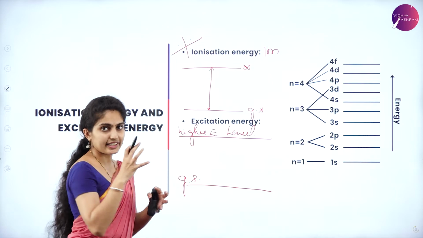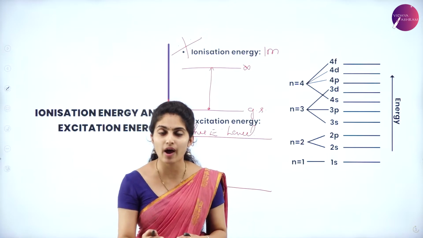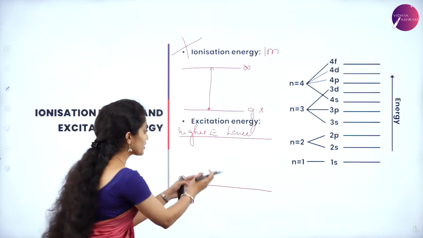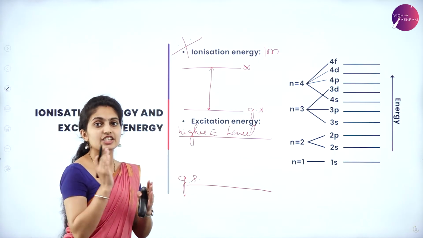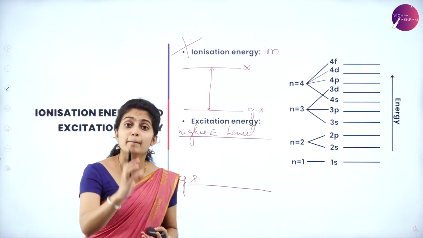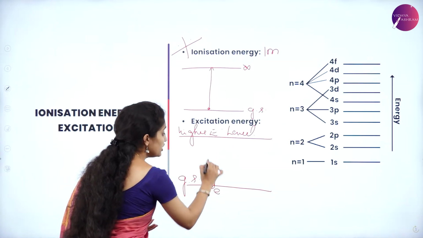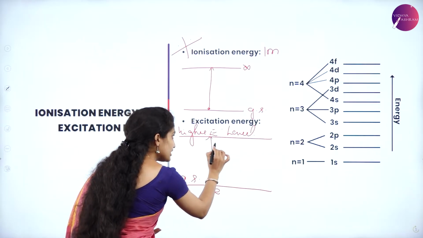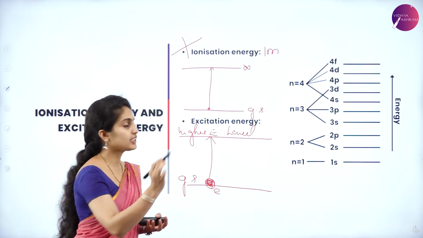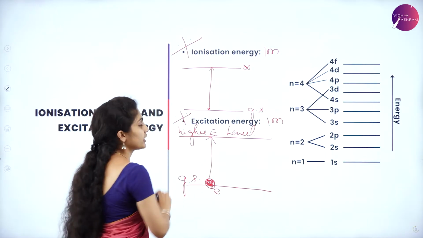Excitation energy is the minimum energy which is required to raise the electron, that is, to excite the electron from the ground state to a higher energy state. If this is an electron, the minimum energy required to excite it to a higher energy level is said to be the excitation energy. This is also for 1 mark and it is very important.